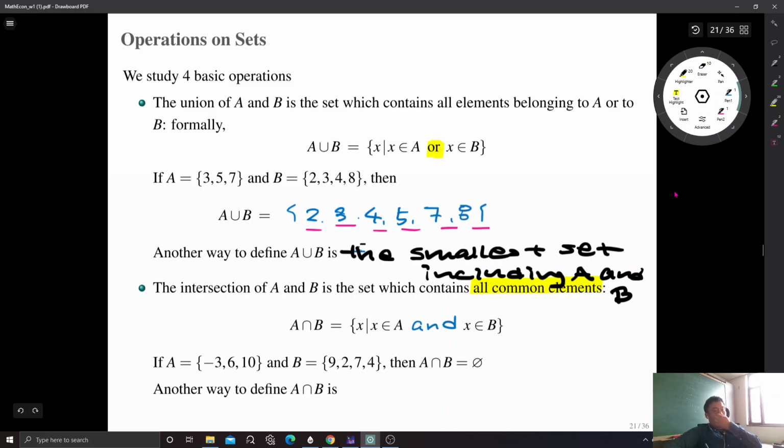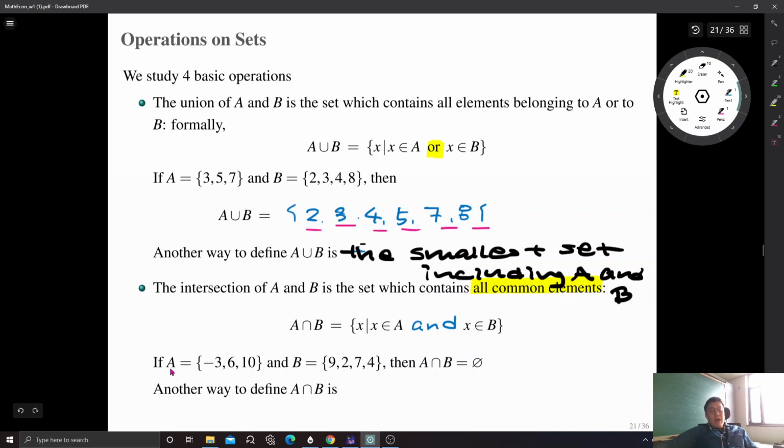So an element of the intersection must be an element of set A and an element of set B. This is the mathematical definition of intersection.